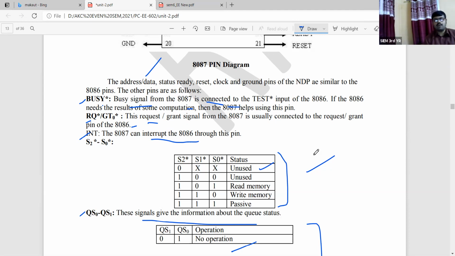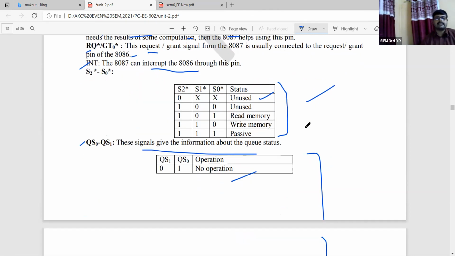Next, the very important status signal configuration, depending on the combination of S2 bar, S1 bar, and S0 bar. If S2 bar equals 0, S1 bar is don't care, whatever the value of S0 bar, the status is unused.